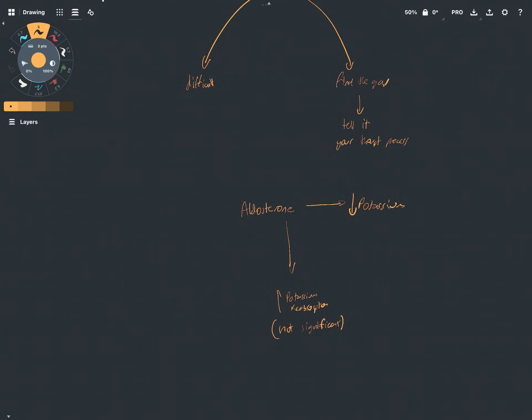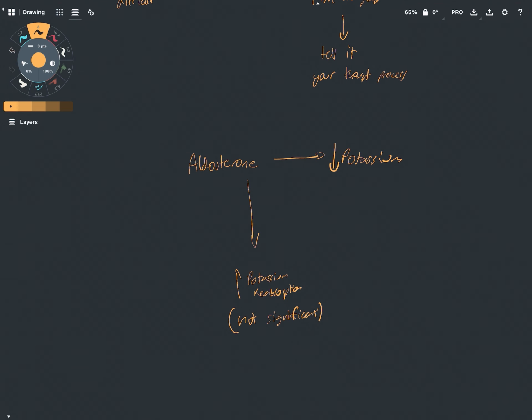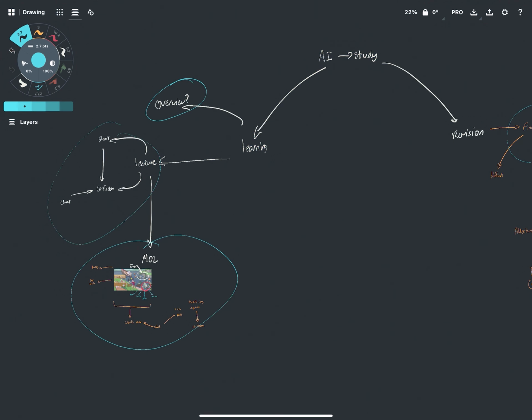I think that aldosterone actually does this to potassium. It was able to identify that gap in my knowledge and tell me, well, actually, no. While it's true that it causes some reabsorption, the net effect is an increase in secretion of potassium. And that is just a huge time save because instead of going back and rewatching an entire 30-minute video on aldosterone's effects, I was able to type one sentence into an AI model and get an answer.